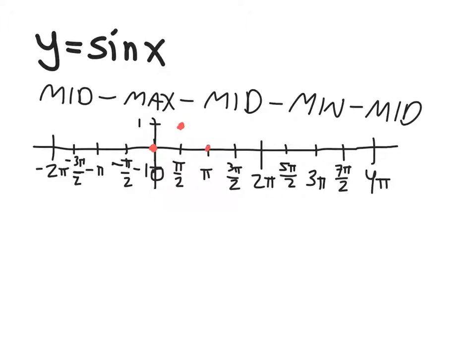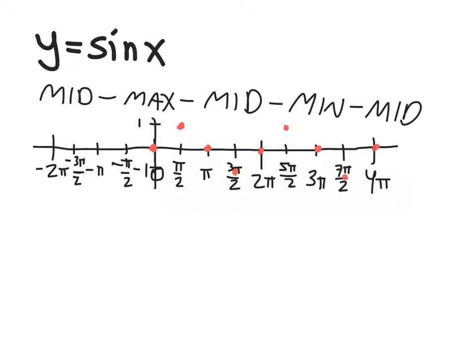Then we come back down to 0, that's our midline. We come all the way down to the minimum at -1, and then we go back to 0 at the midline, and then it's going to repeat in this pattern: maximum, midline, minimum, midline.